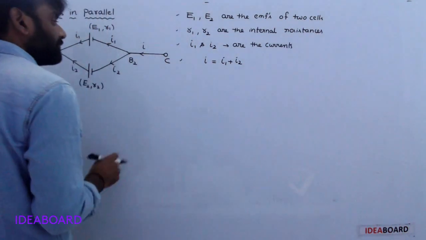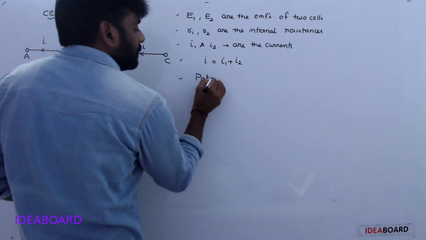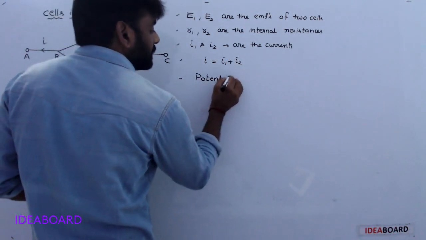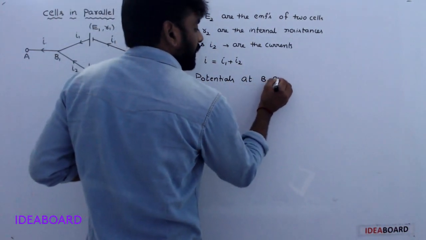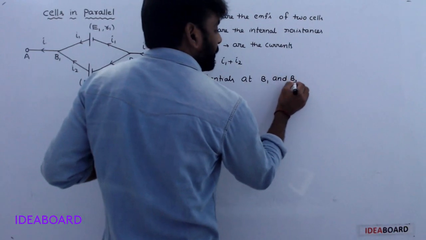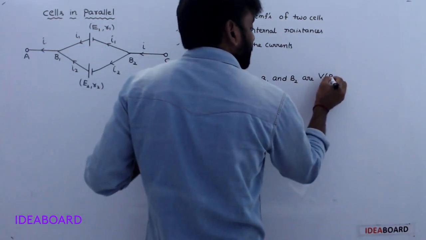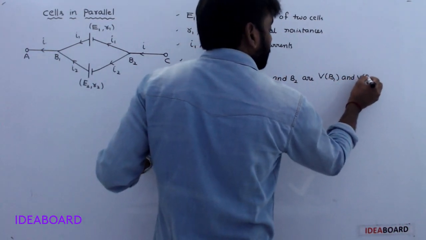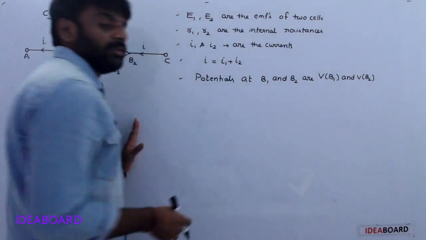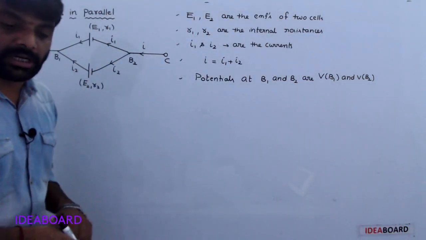Next, the potentials at B1 and B2 are V of B1 and V of B2. Understood?